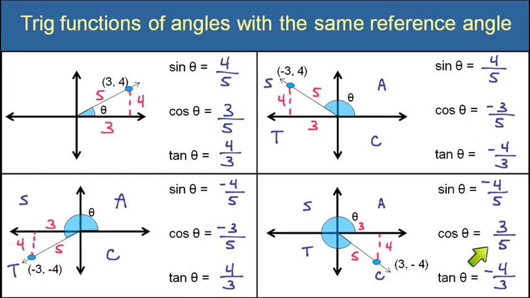They're all 3/5, but some are positive and some are negative because they all have the same reference angle. And the same thing for the tangent. So the beauty of a reference angle is that it lets us match up an angle in quadrant 2, quadrant 3, quadrant 4 with an angle in quadrant 1. So we can always know the trig functions no matter what quadrant the angle is in.